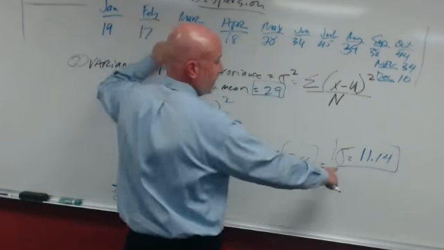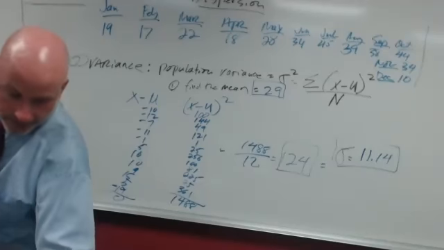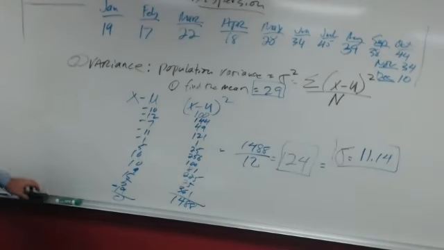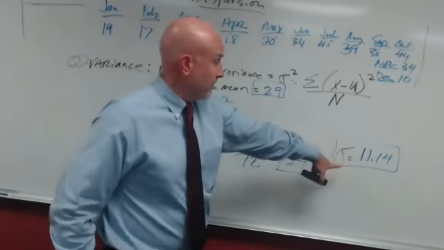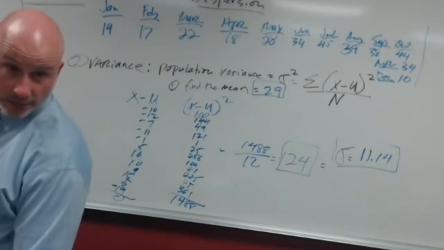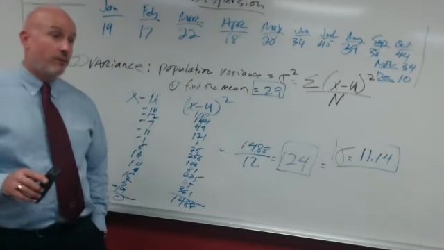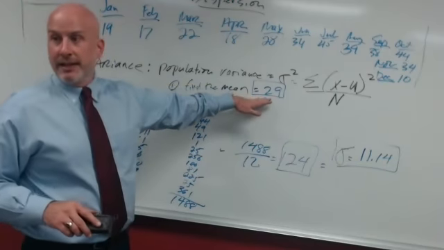We have to take the square root of it. This is the standard deviation, the square root of the variance, so that 11.14 is plus or minus of the 29. And that's how you would interpret it.